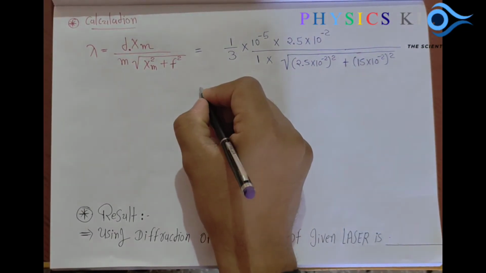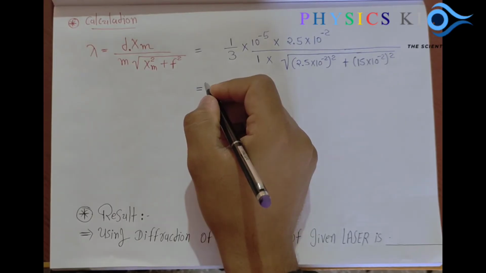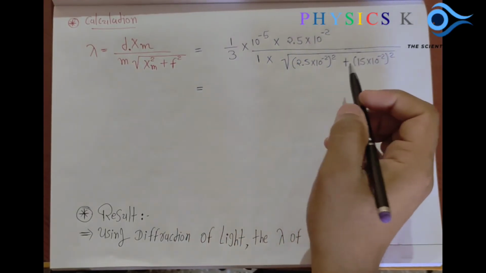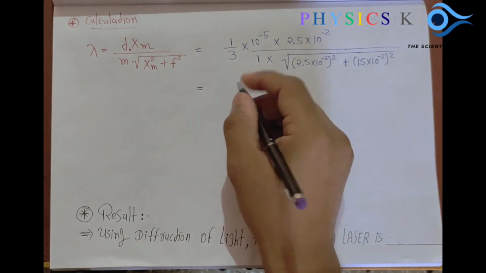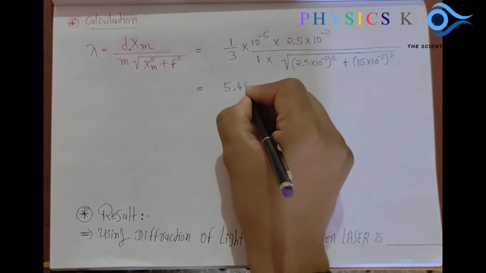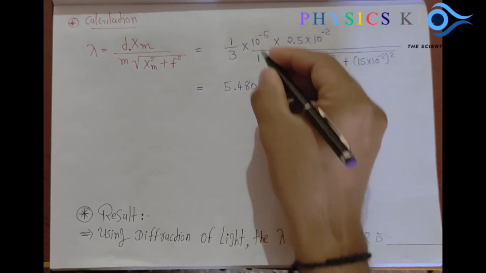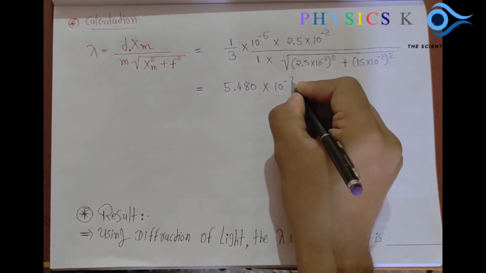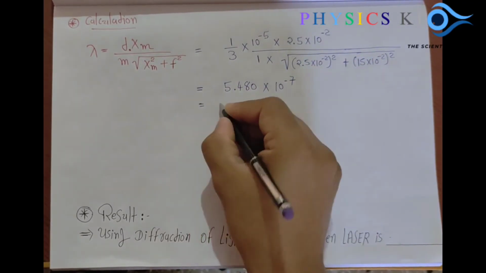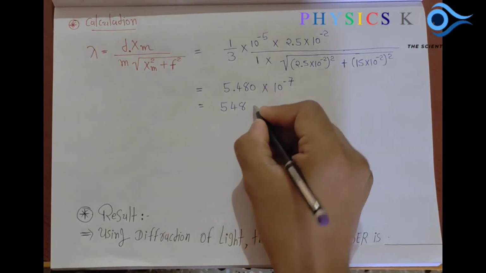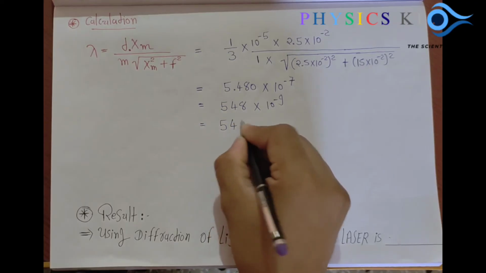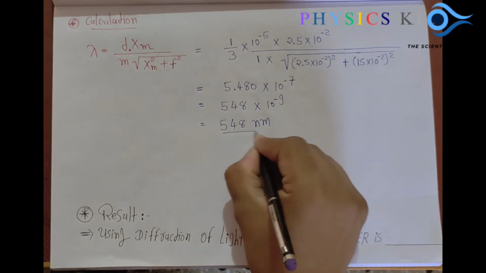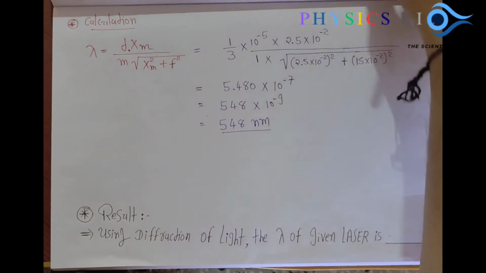Now I am simply using the calculator, I calculate the root and after that multiply 1/3. I got 5.480 × 10^-7. Okay, so convert into nanometer, 548 × 10^-9, so it became 548 nanometer.